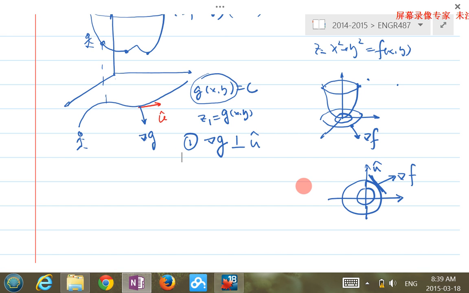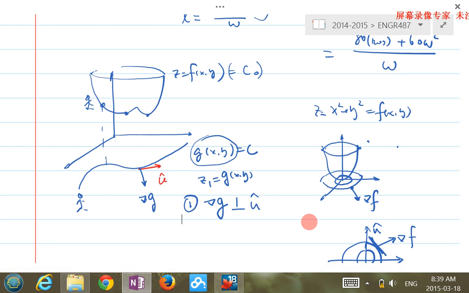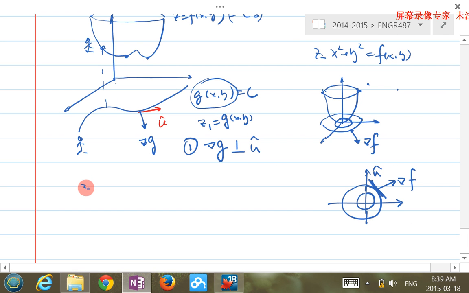So the second fact is the concept called directional derivative. So what is the directional derivative?